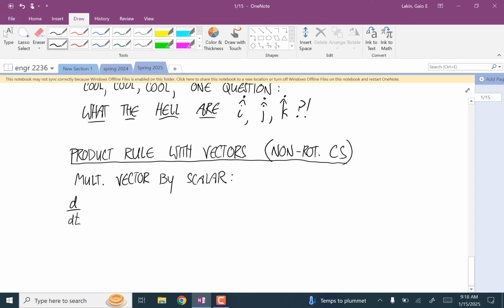So if we're taking the time derivative of, let's say, some scalar a times a vector u, the product rule is: the time derivative is the same as a dot times u plus a times u dot.